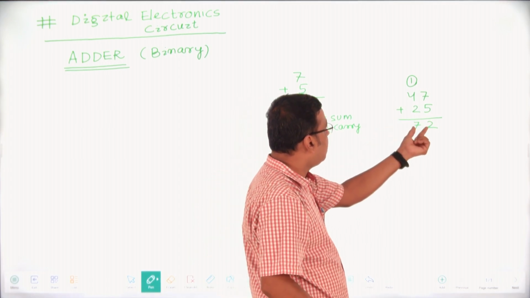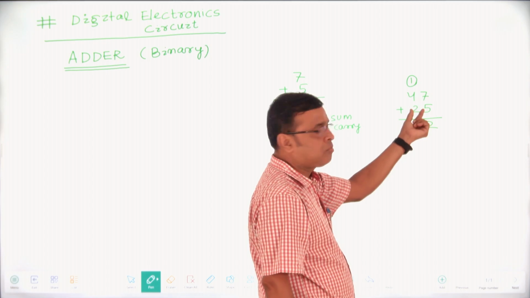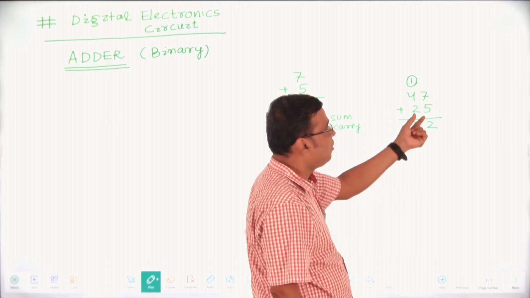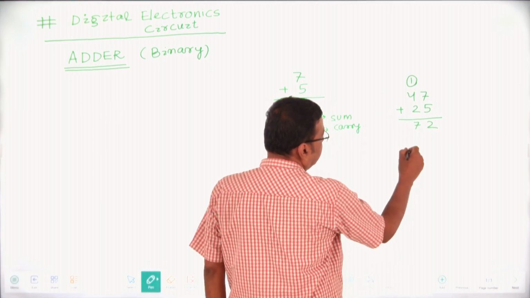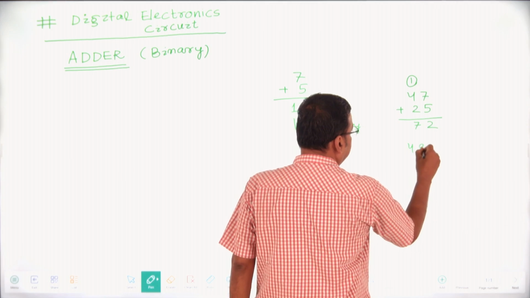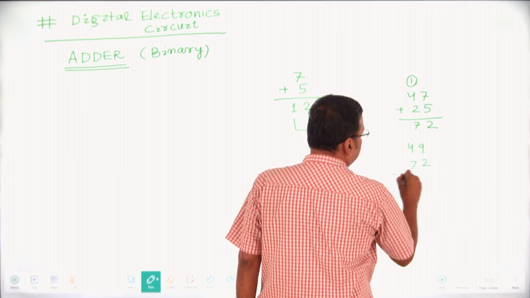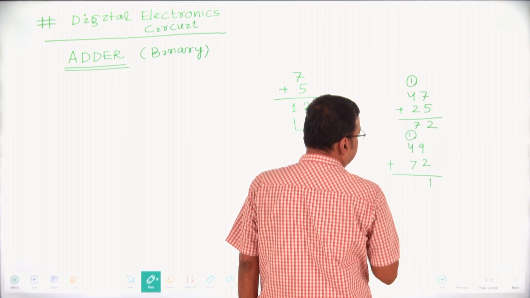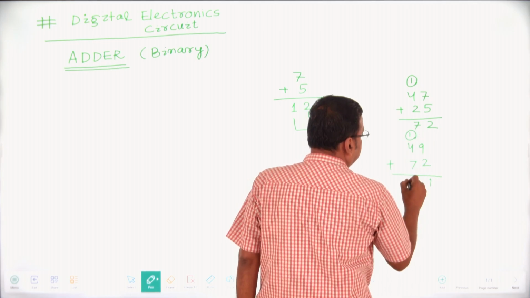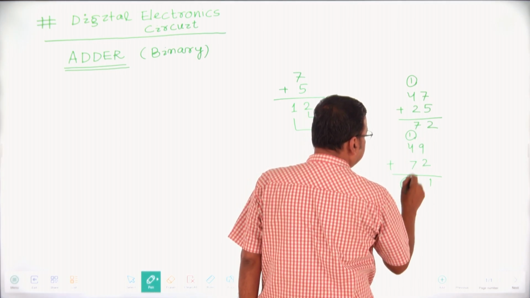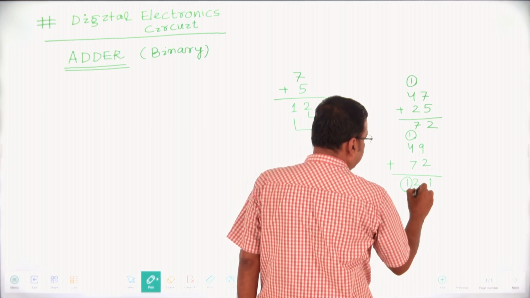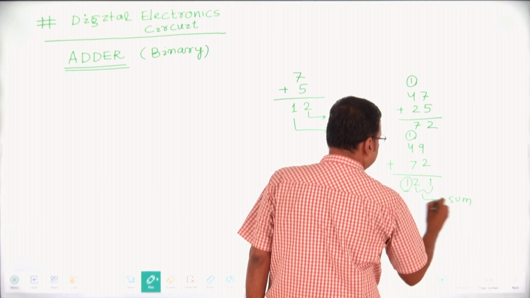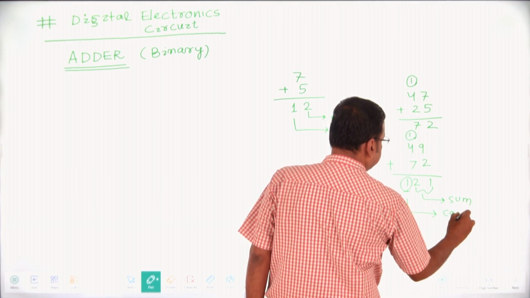Suppose I say 49 plus 72. What happens here? 9 plus 2 is 11, then carry 1, and so on. This is the sum and here this is your carry.